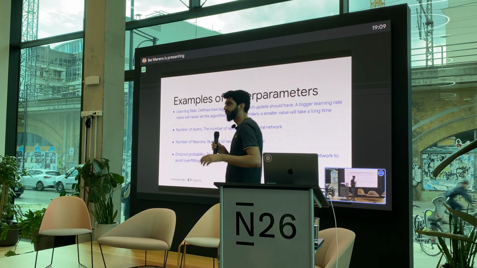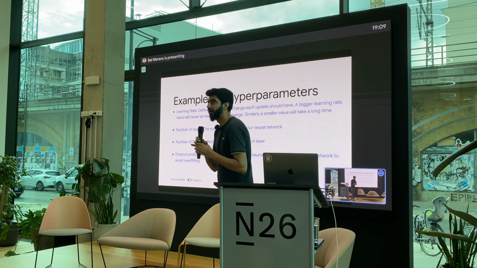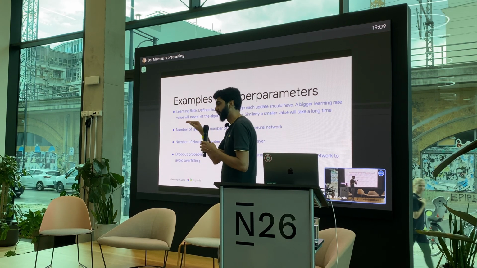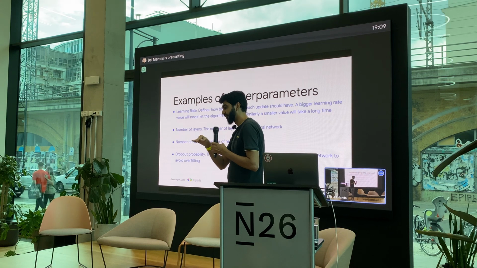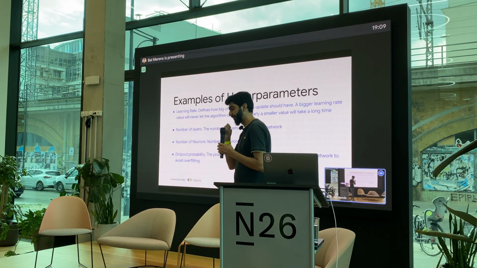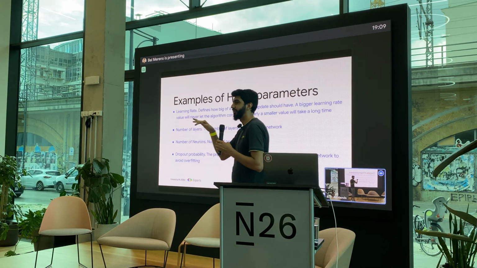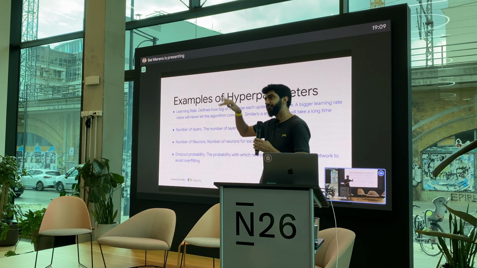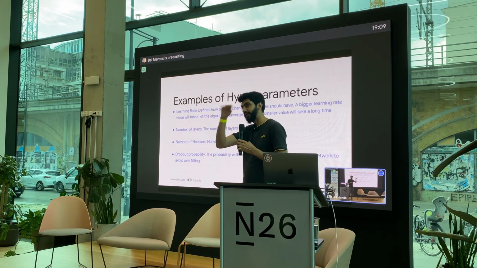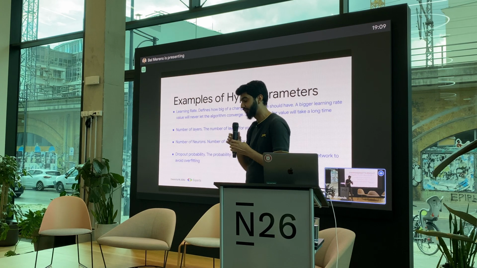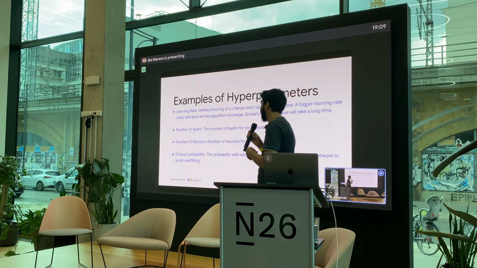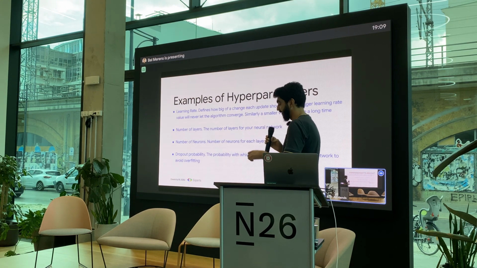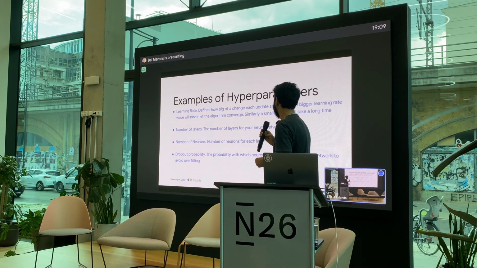Now it makes sense to take bigger steps, but if you take very big steps, you will never be able to reach your desired point, because you're going to oscillate in between. Let's say in a convex function, you're going to oscillate at the top, and you won't be able to reach the desired local minimum.